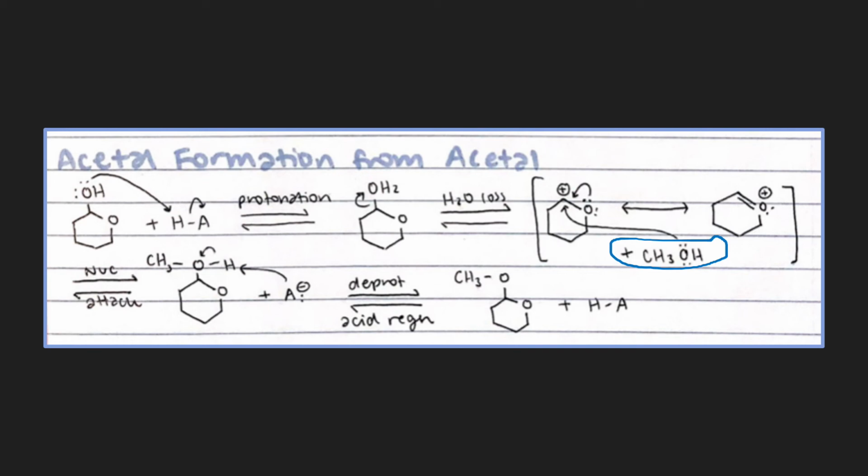Once it has been added, right here, we're going to have to deprotonate the oxygen in order to get an OR group instead of an ORH group. So we're going to regenerate that acid catalyst and use this guy right here to pick up a proton, which will end up forming our acetal and our acid. So we have those two products.